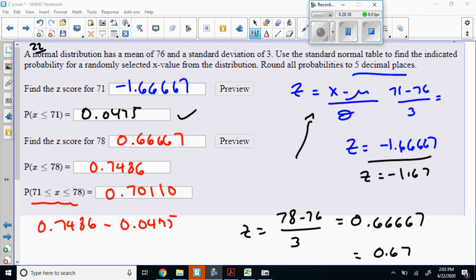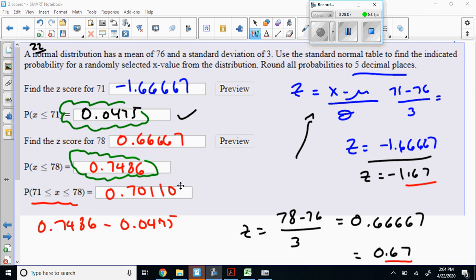So on these, we found the z-score, and then we rounded to the 2 decimal places, right? So they wanted it all the way out to 5, and then to look it up, find out what its value was, we rounded it to 2, right? And that's where we got these values off of the z table, right?